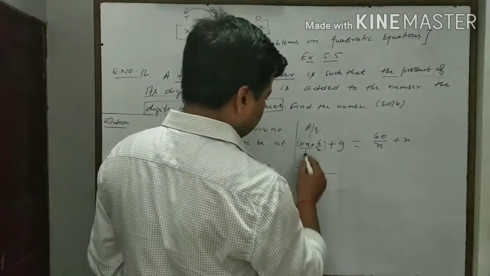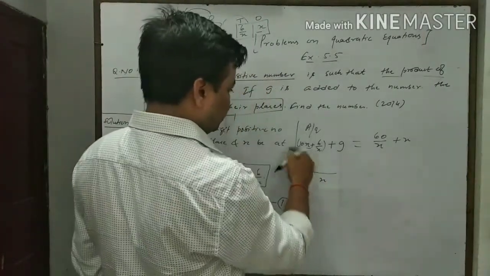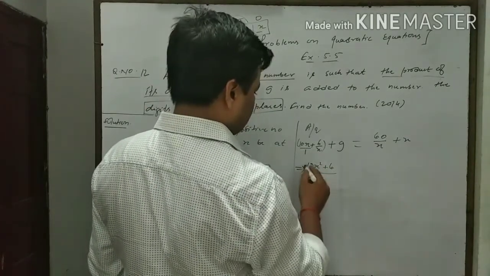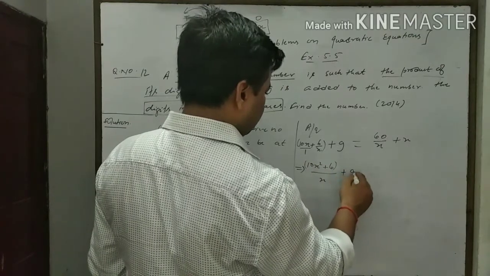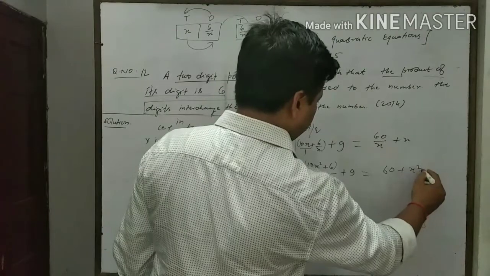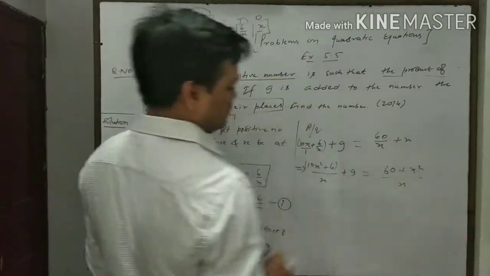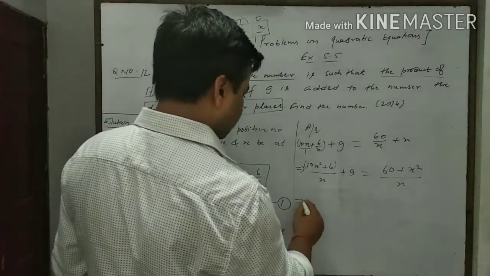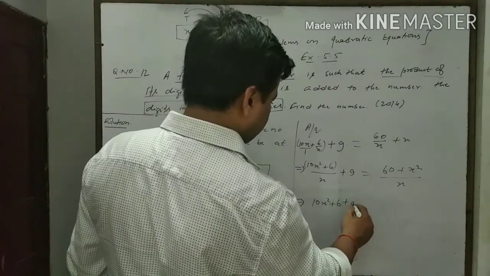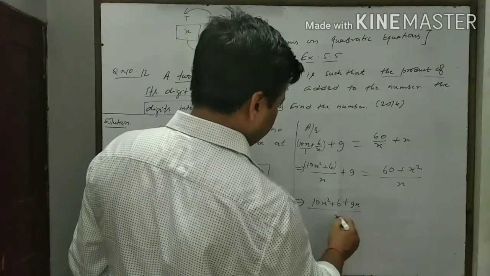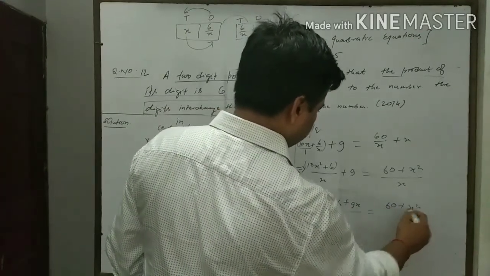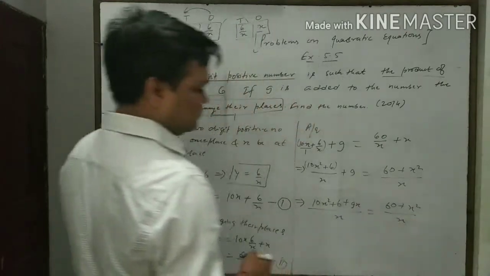Now here this is by 1. Take the LCM, that is x, and here it will be 10x square plus 6, like this way, and plus 9 is equal to 60 plus x square by x. Again we can write it as 10x square plus 6 plus 9x by x is equal to 60 plus x square by x.